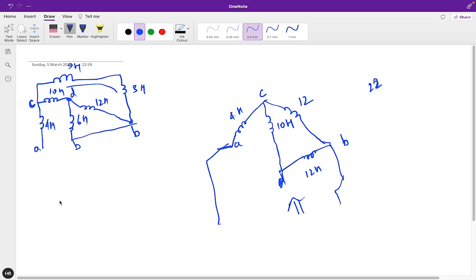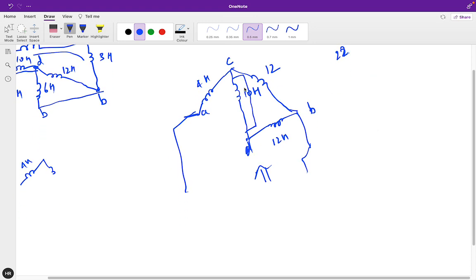So you are getting 4 Henry, and this 10 Henry inductor is shorted, sir. You have missed the shorting between C and D. Okay, I missed the shorting. Oh, thank you for telling me. So this is shorted, so that's why I'm not getting it. It is shorted, so it is of no use. It will become redundant.